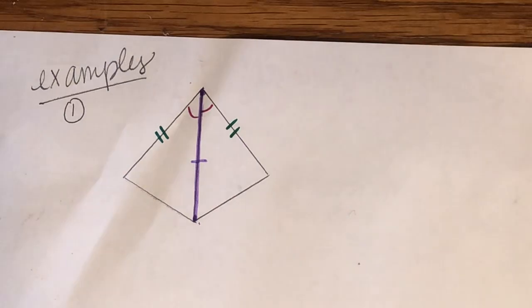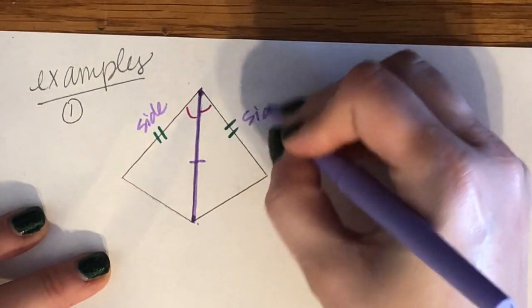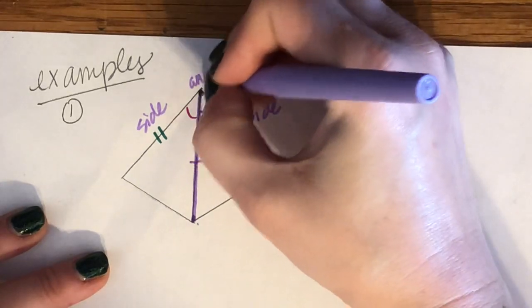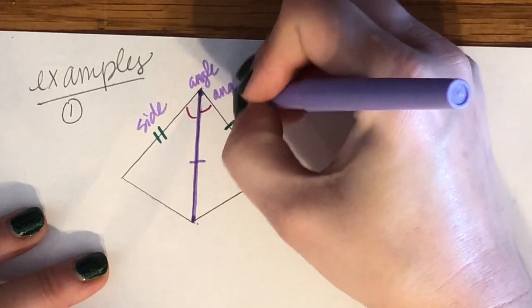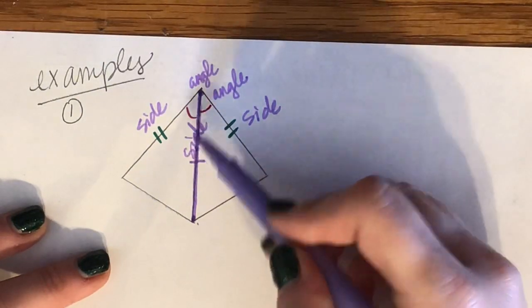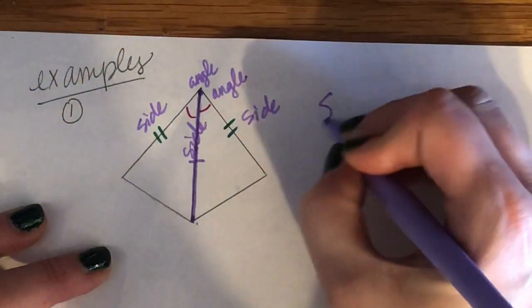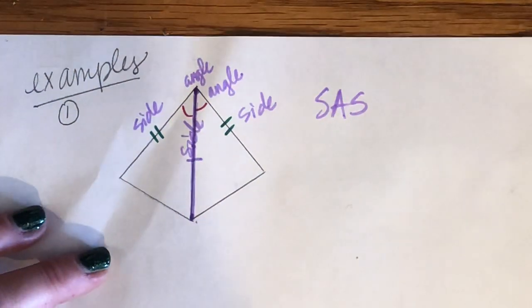So let's take a look and let's label. I've got a side here. I've got a side there. I've got an angle, and then I've got a side here. Two sides, and the angle is in between them. Again, that angle has to be in between them, so this one would be side angle side, SAS.